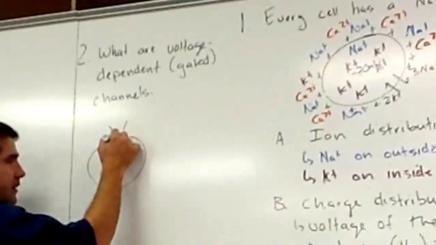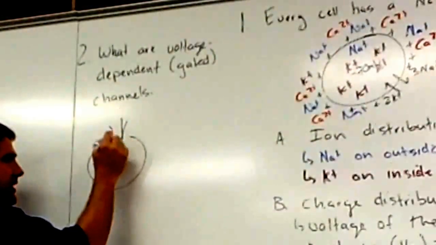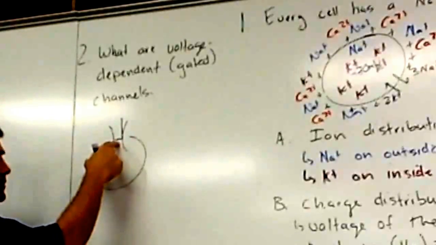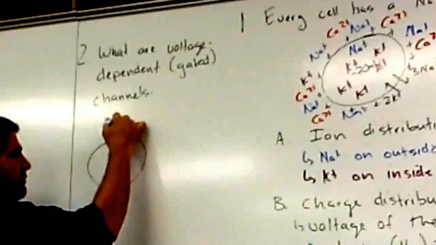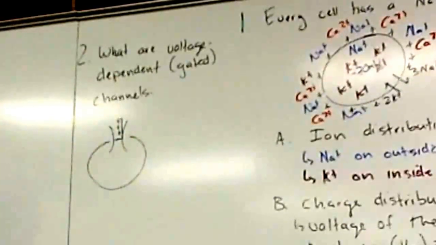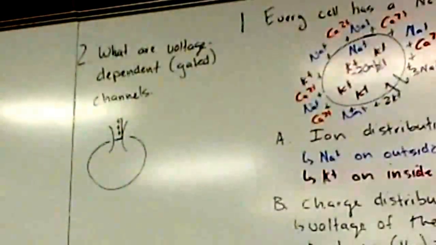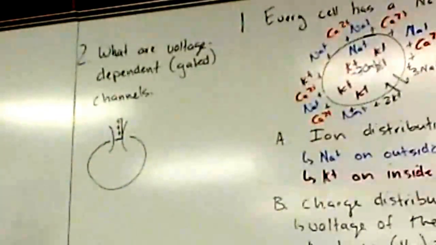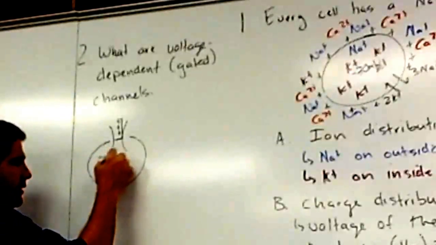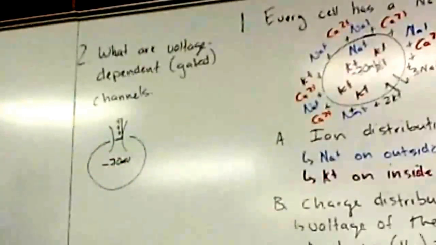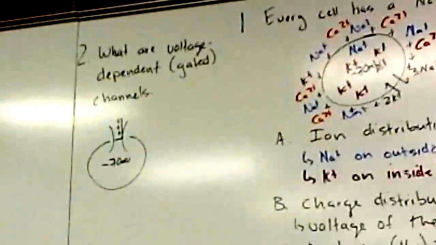What voltage-dependent channels have is a gate that keeps the channel closed. And they also have these positive charges. Obviously simplifying a little bit, but they have these positive charges. And those positive charges are attracted to the negative voltage inside of the cell.